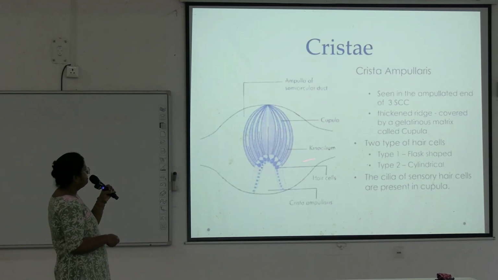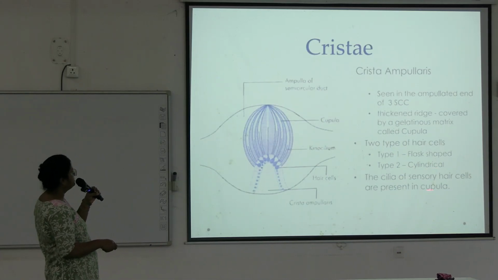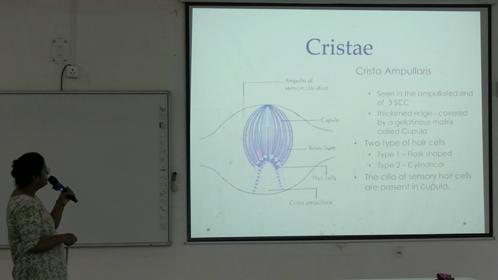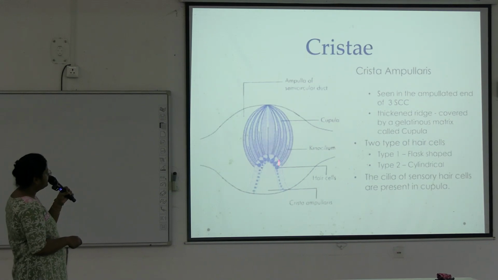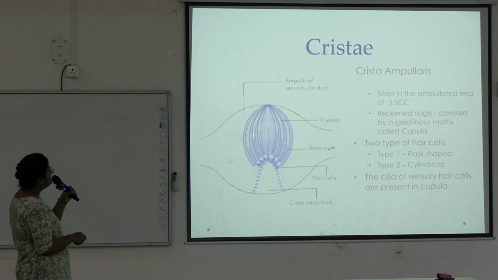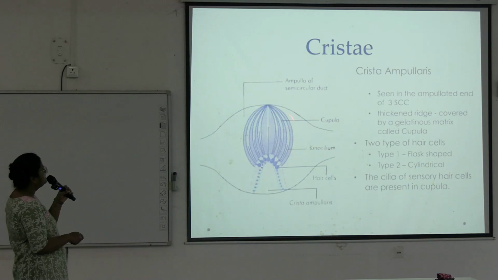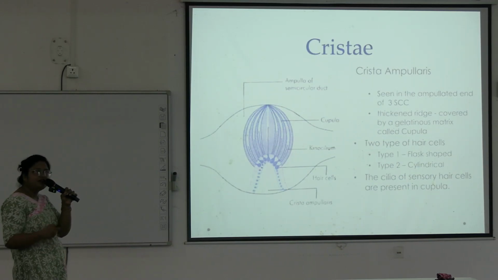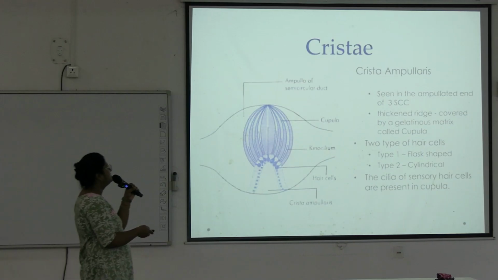Type 1 is flask shaped, type 2 is cylindrical, and the cilia of the sensory hair cells are present in the cupula. These are the hair cells and these are the cilia. Cilia are embedded within the gelatinous matrix of the cupula. So this is the structure of the cristae.